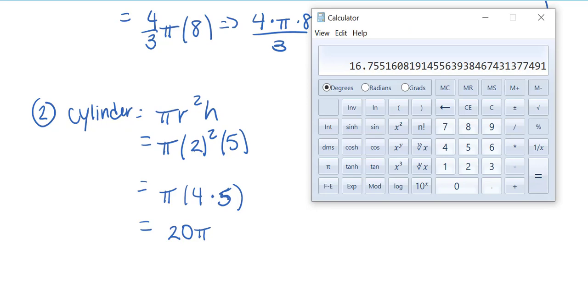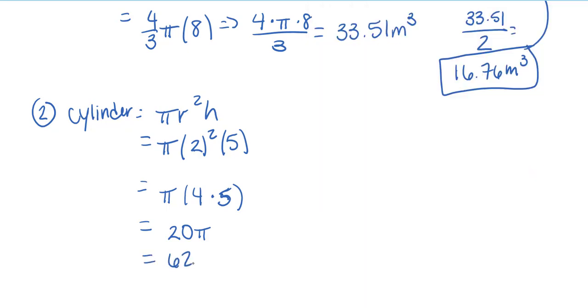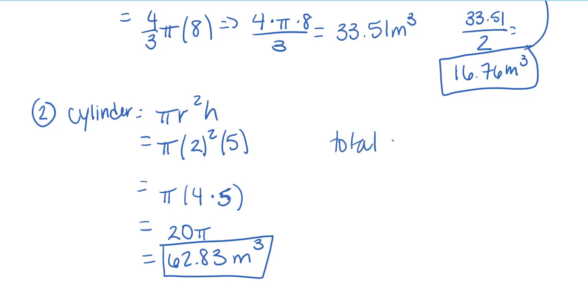So let's go ahead and calculate that. We have 20 times pi, and what do we get? We get 62.83 meters cubed. And then to find the total volume, we just add up the half sphere and the cylinder.